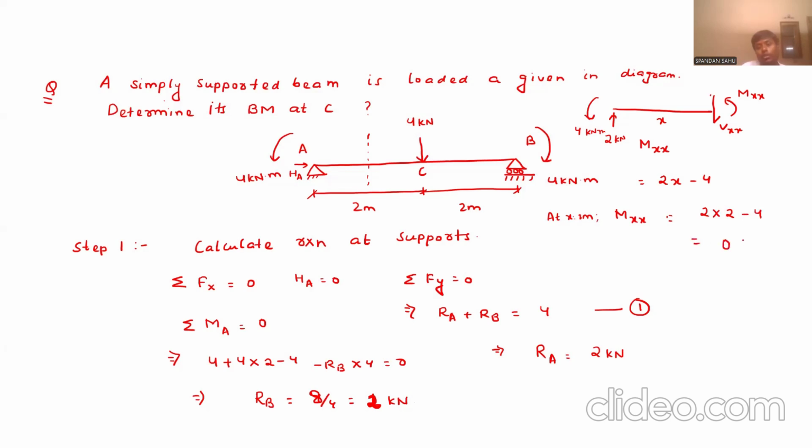So it will be 0 kilonewton meter. So your answer will be bending moment at C will be 0 kilonewton meter. That means at mid span, the bending moment will be 0. Okay, getting it?